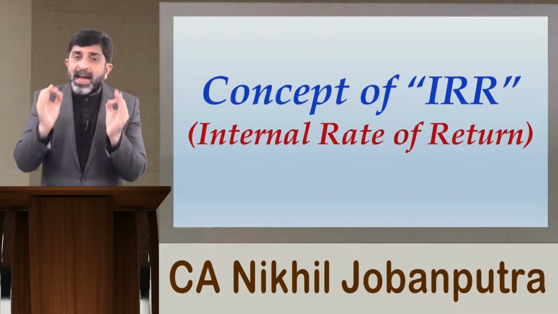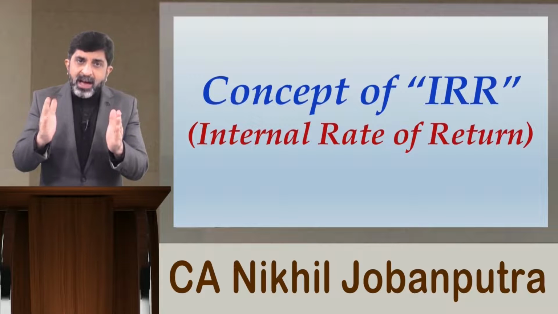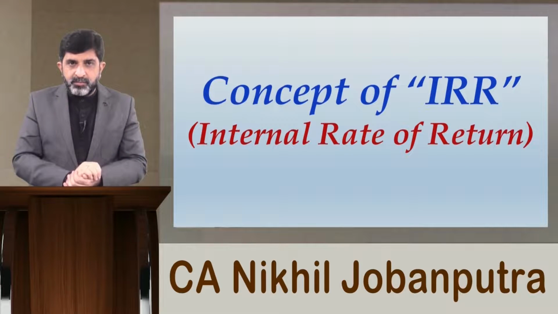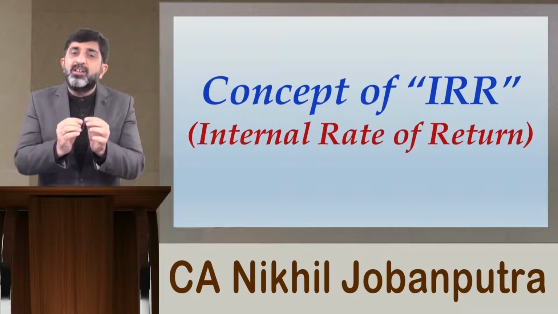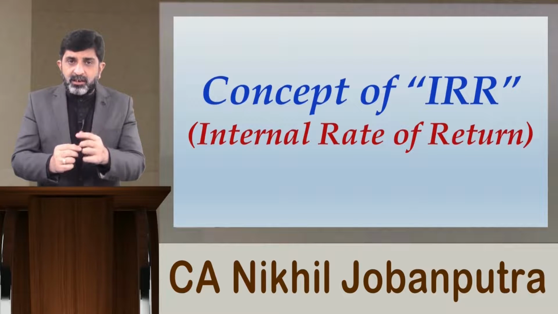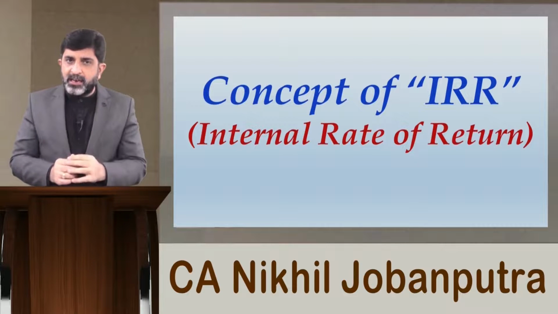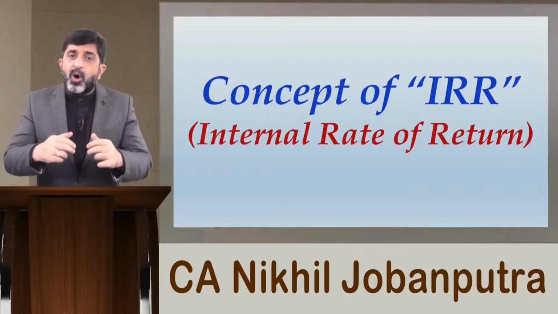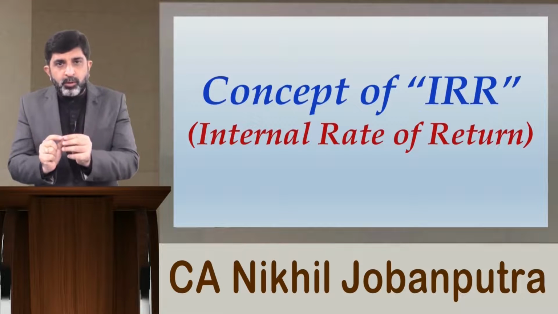To have maximum accuracy, the gap between the lower and higher discounting rate should not be more than 1%. The lower the gap between the lower and higher discounting rates, the better will be your result. So, what two things do you need to do for computation of IRR? Try to understand this very well. You attempt computing NPV closest to 0.